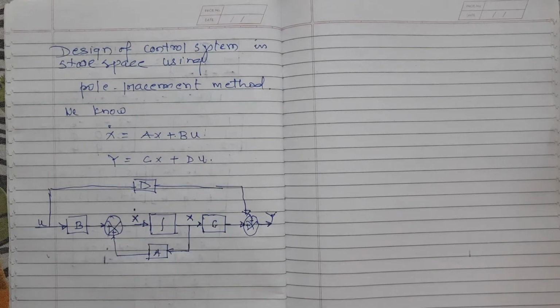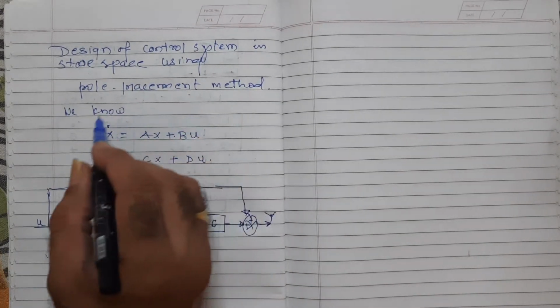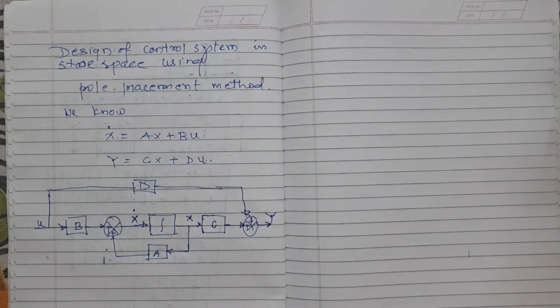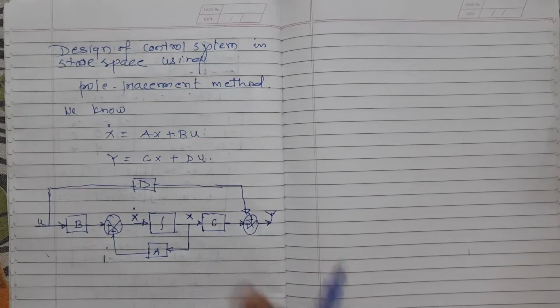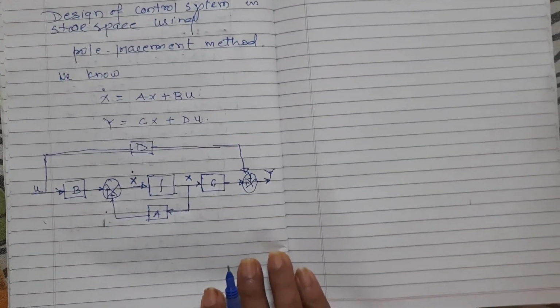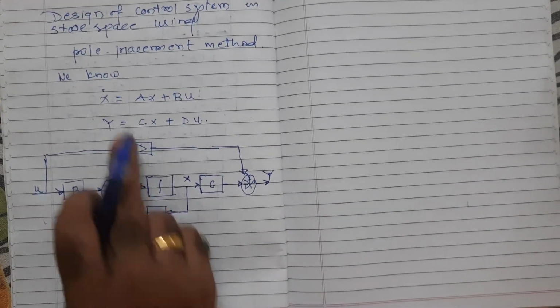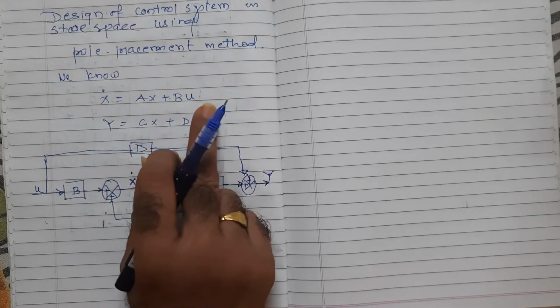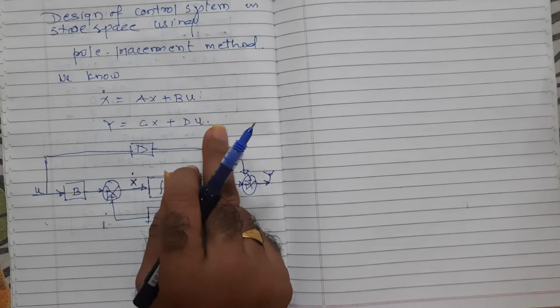So here we have this block diagram from this equation. Once again we will see it in a simple way. We know the state equation, x dot equals ax plus bu, and y equals cx plus du.